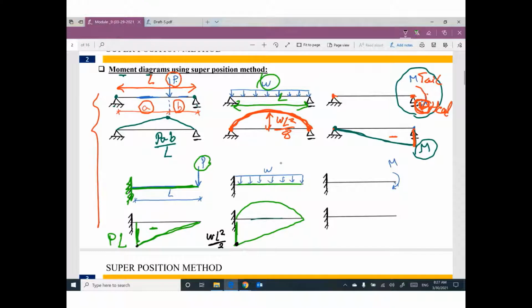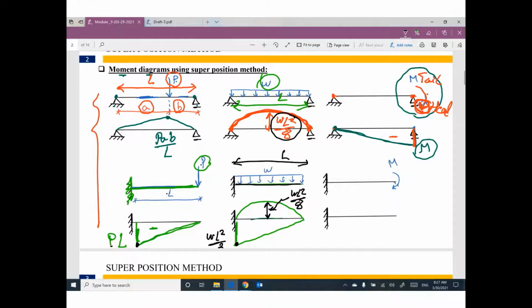So your value before was P times L. In this case, W L squared divided by 2. And this value of the parabola will be W L squared divided by 8, like this one. And this is the length L for this beam.